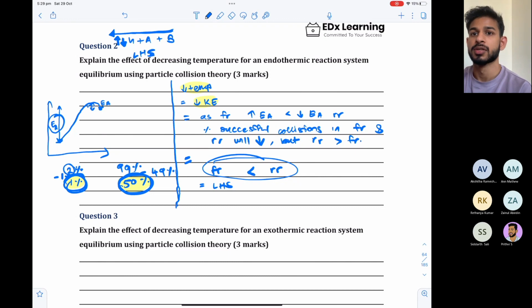As a result, a very small proportion of reactant molecules will successfully collide to form products. Decreasing kinetic energy will further decrease the percentage of reactant molecules that can combine to form the product. As a result, the reverse reaction rate will be much greater than the forward reaction rate. The equilibrium will shift towards the left. That would be a little exam answer that I would write.